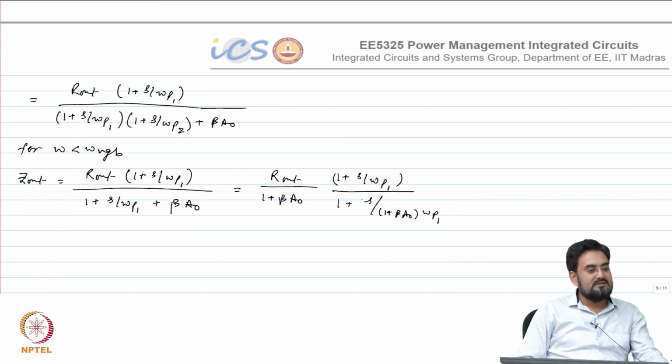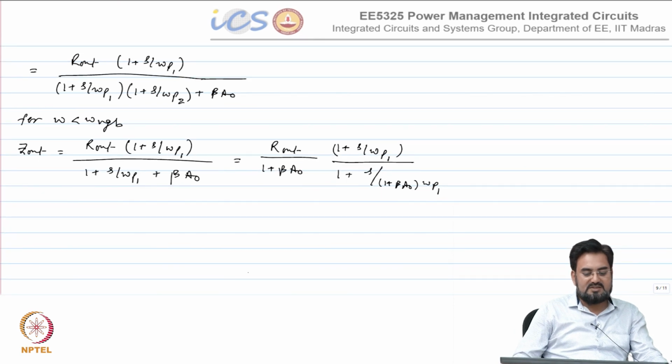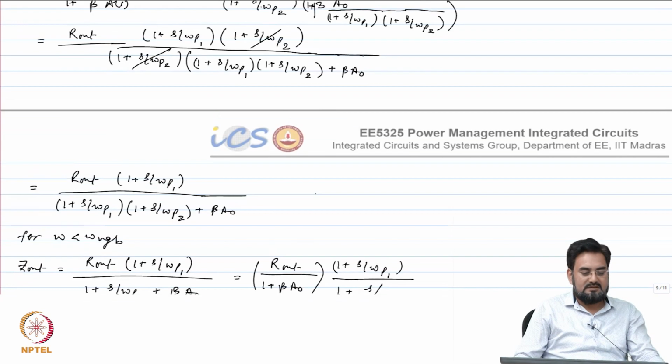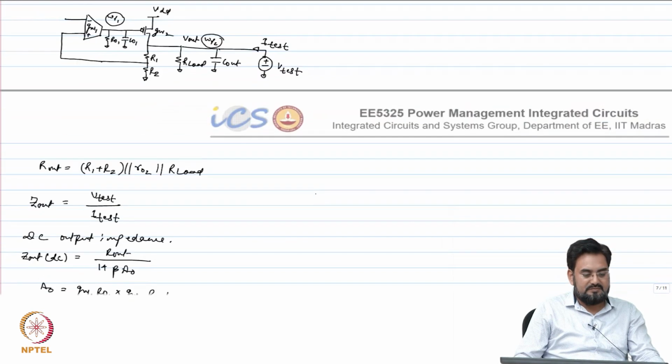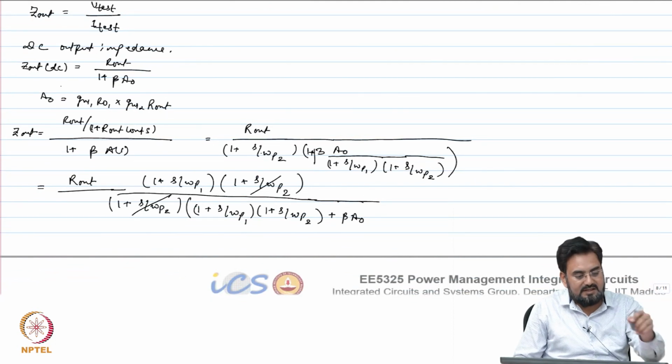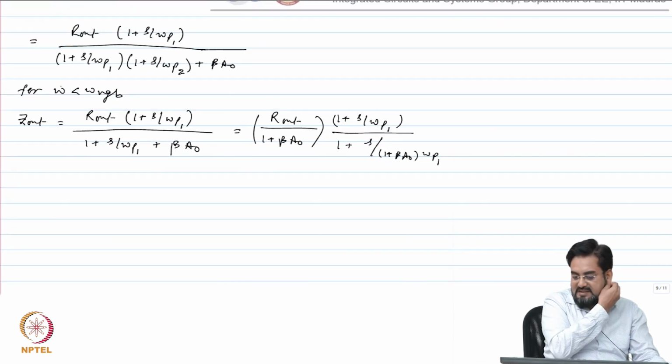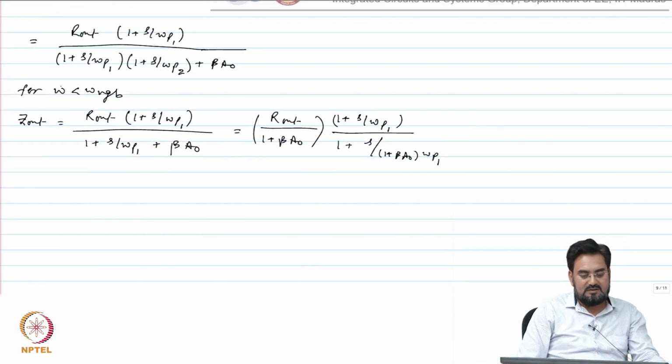Okay. So what is happening here? If you put S equal to 0, what is the DC output resistance? R out over 1 plus A beta, which we already have. So we already verified that Z out DC is R out over 1 plus A beta. If you substitute S equal to 0, you will get the same thing. Now for S greater than 0, what would happen?